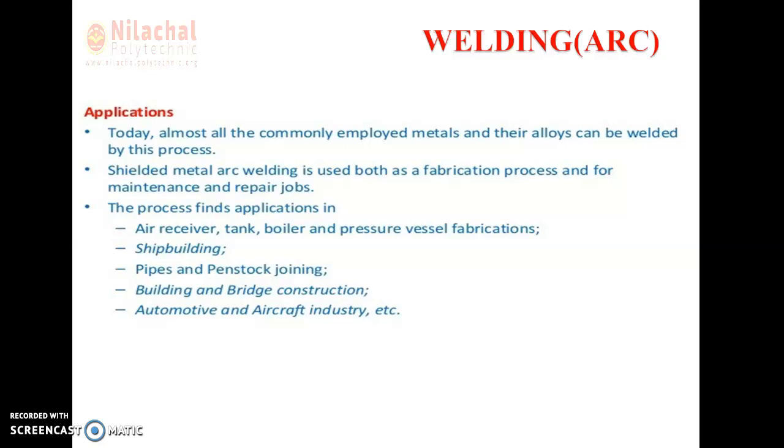The process finds application in air receivers, tanks, boilers and pressure vessels, shipbuilding, building construction, pipes, penstock joining, bridge construction, household appliances, the automobile industry and the aircraft industry. So almost in all industries, the arc welding process is extensively used.